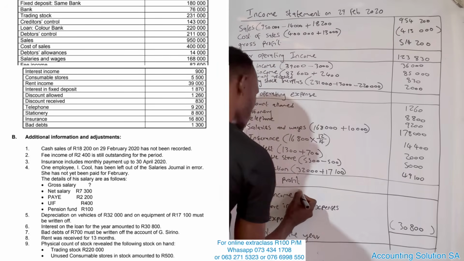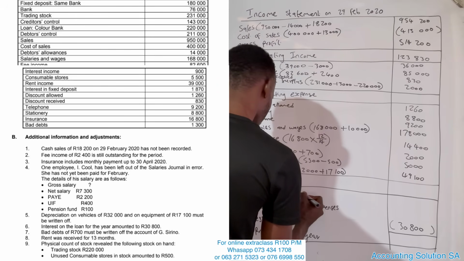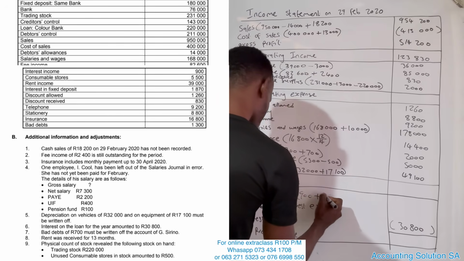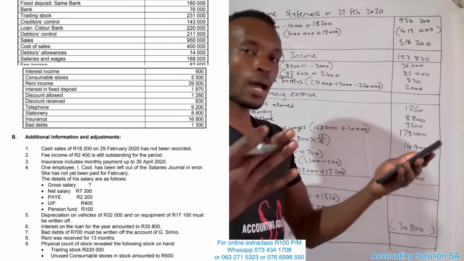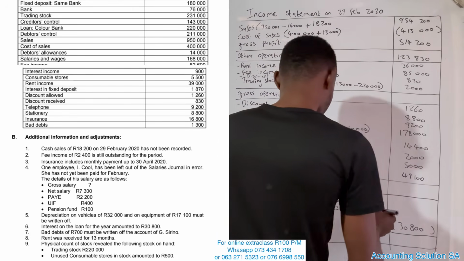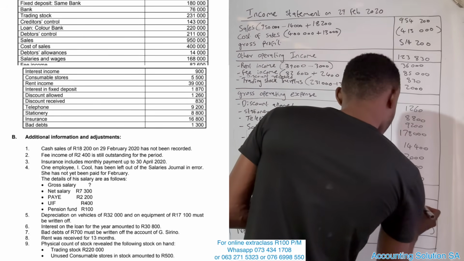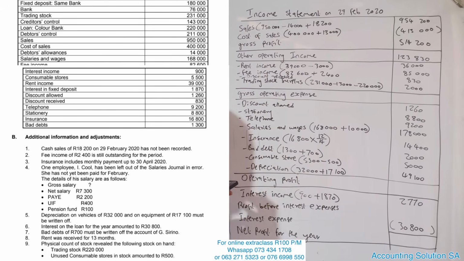So we must add them together. Those two amounts, they are on the pre-adjustment trial balance. 900 plus 1,870. Interest on fixed deposit is income because we invested in the bank, they have to give us interest. Okay, and it's gonna give us 2,770. All right, and we don't have any other expense, so we must add everything.